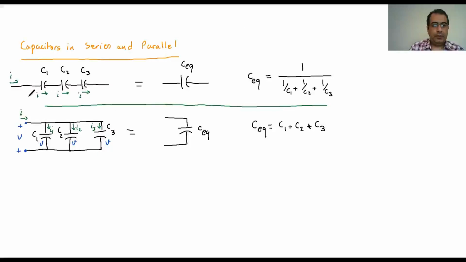Here I have V1 as its voltage, the second one is V2, and the third one has V3. So each of them has its own voltage, but the current is going to be the same.